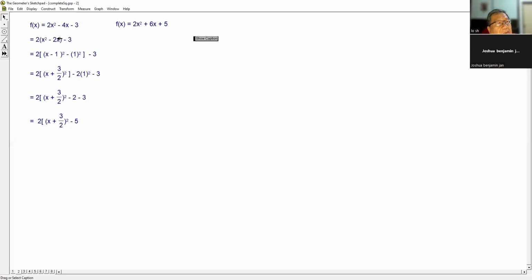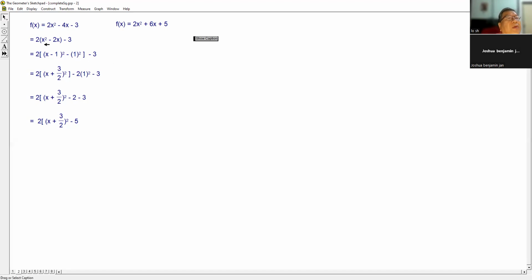Then this number inside the bracket here, you divide by 2. -2 divided by 2 is -1. Then you minus this number square, 1 square. This already completed the square, right?